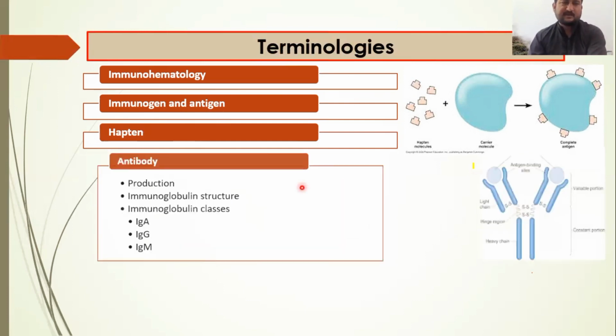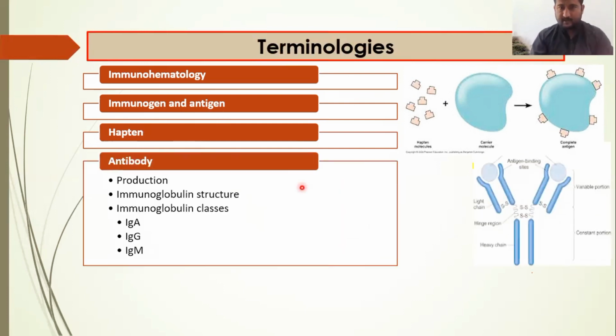So the next one is antibodies. In antibodies, we will see production, how antibodies are produced in our body, the structure of immunoglobulins, and immunoglobulin classes. There are three types of immunoglobulin present in our blood. First of all, antibodies are immunoglobulin in nature.